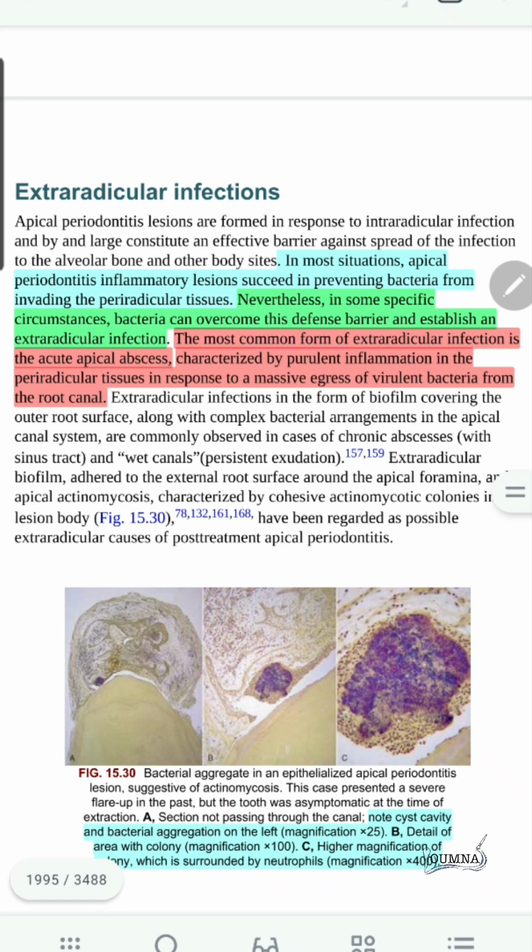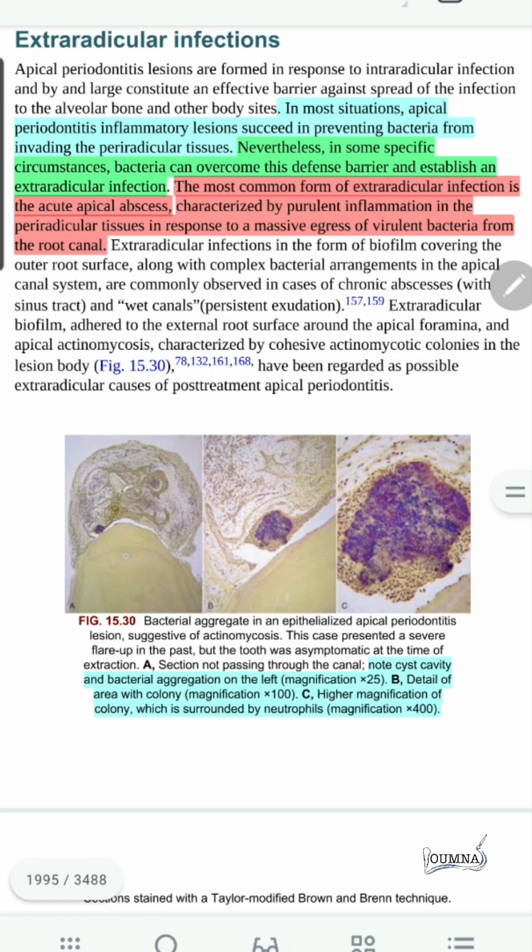This means that when these bacteria reach the periradicular area, the body responds by creating lesions that try to occupy the bacteria inside and prevent them from reaching the tissues around the root.